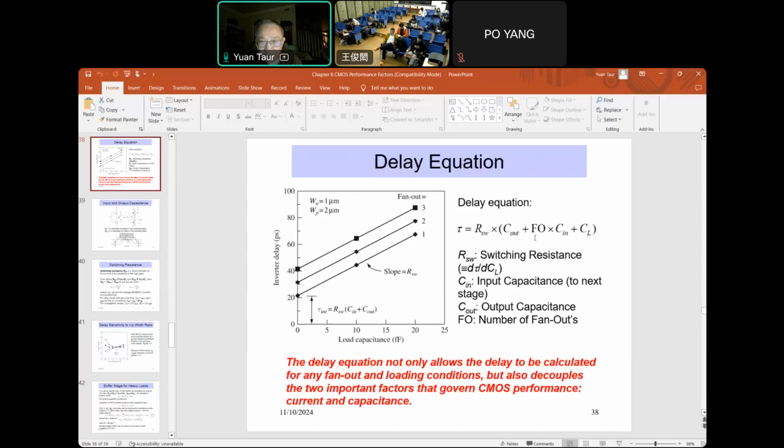Delay is given by the switching resistance times the device capacitance, C and CL here, and that's this value. So if I double the width, the current is doubled, so R switch goes down by 2, but C and CL go up by 2. And so that means the intrinsic delay doesn't change.